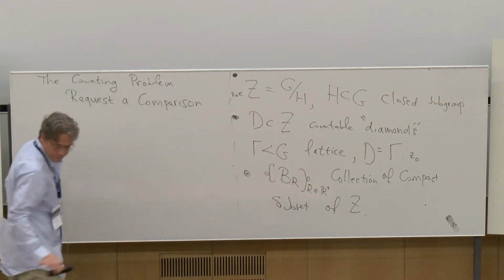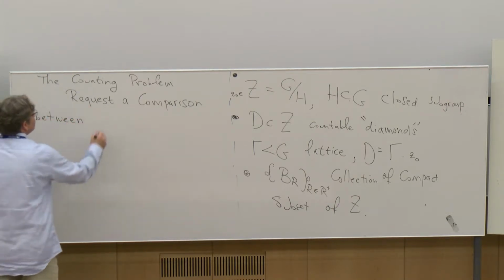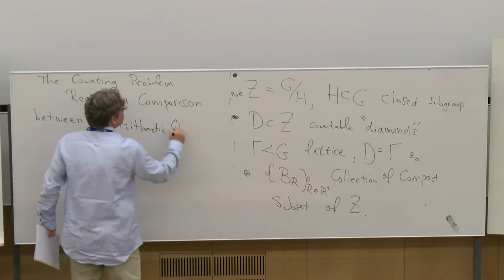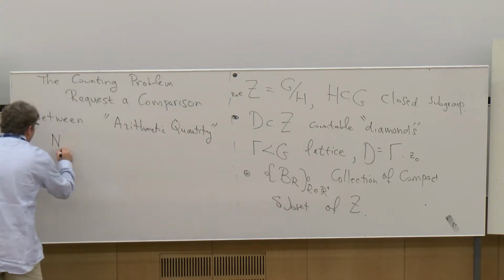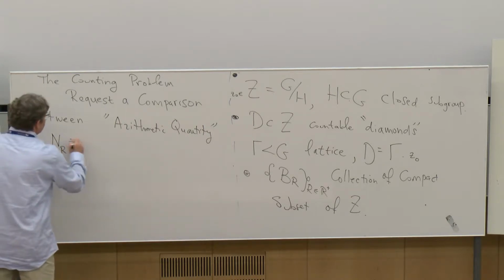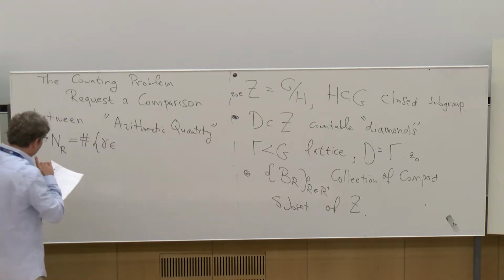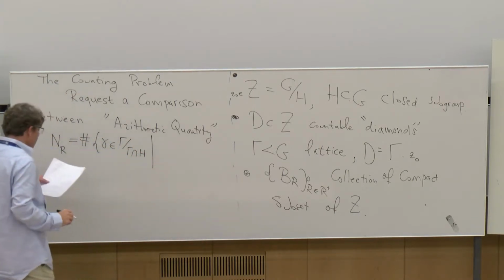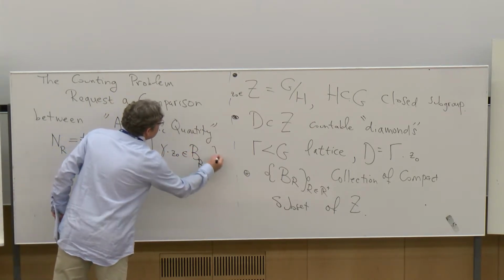The first one, let's call it the arithmetic quantity, which I will denote N_R. This N_R is formally the size of the set of elements gamma in Gamma mod Gamma intersect H, with the property that when gamma acts on Z naught, this belongs to B_R.